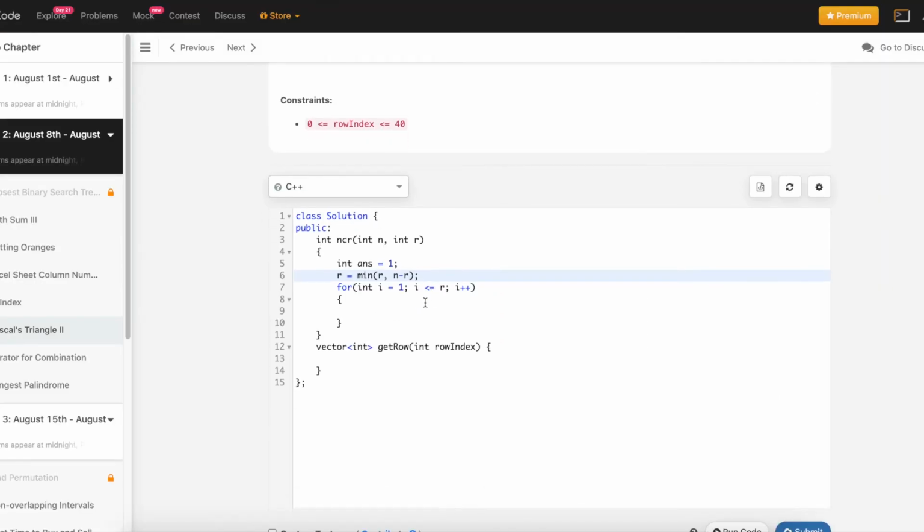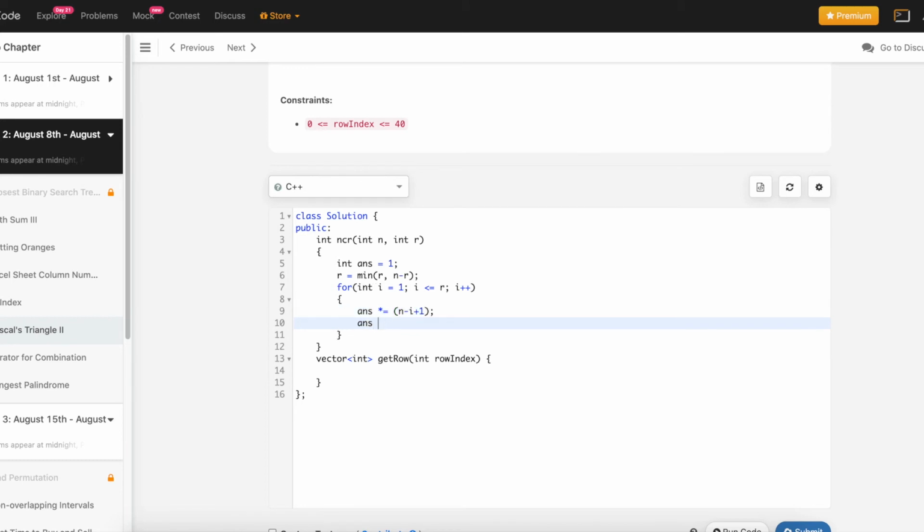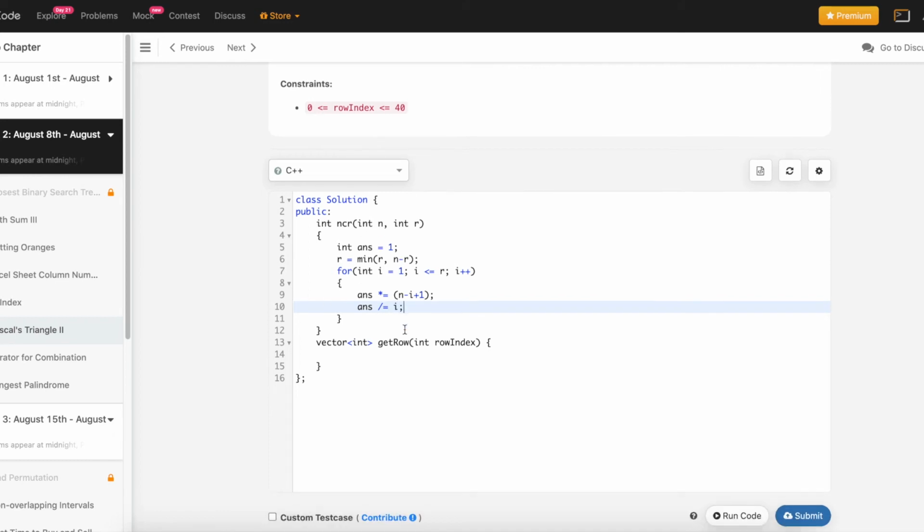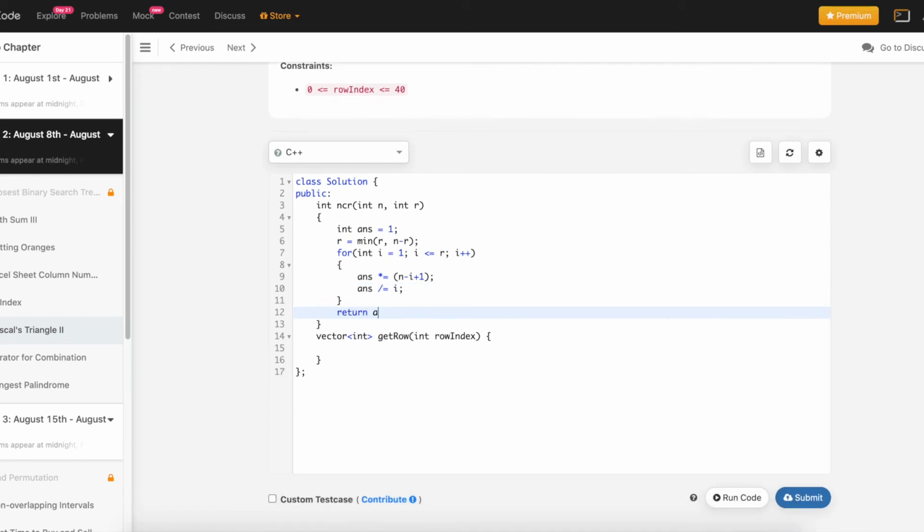I want the minimum number of terms in the denominator, and then I'll say answer times equals n minus i plus 1, I think, and then divide it by i. And I'm pretty sure you can just return the answer here.